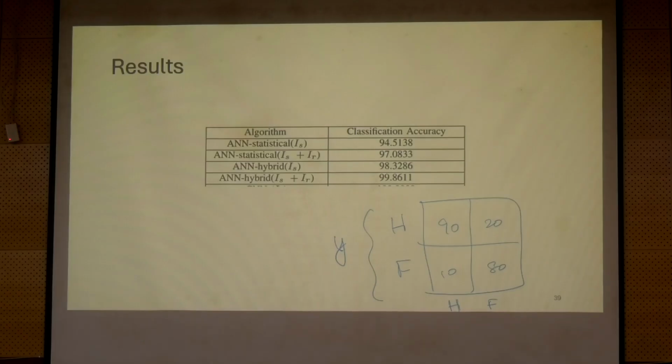So from this matrix, what we can say is 20 times I will ignore my fault. 10 times I would have stopped my motor and checked even though there was no fault. So both are not good for us.